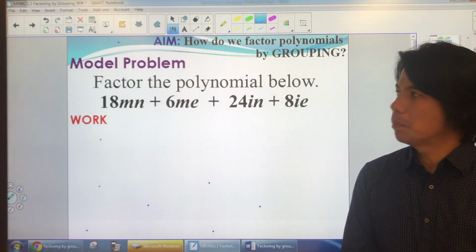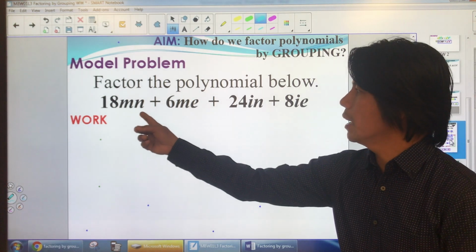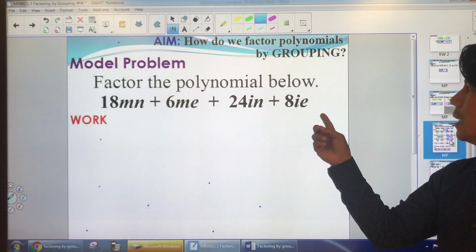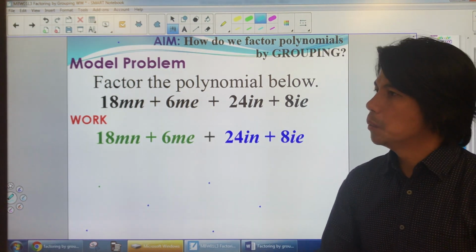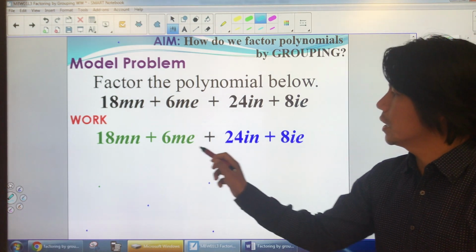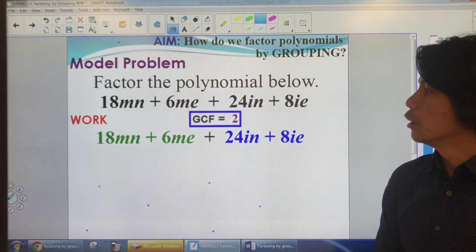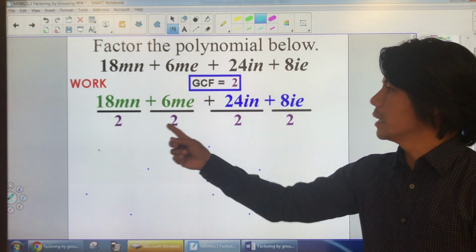Now let's have the model problem. It says factor the polynomial below: 18mn plus 6me plus 24in plus 8ie. Let's copy that first. What do you remember about 18, 6, 24, and 8? Their GCF is 2. So we need to divide each of these terms by 2.